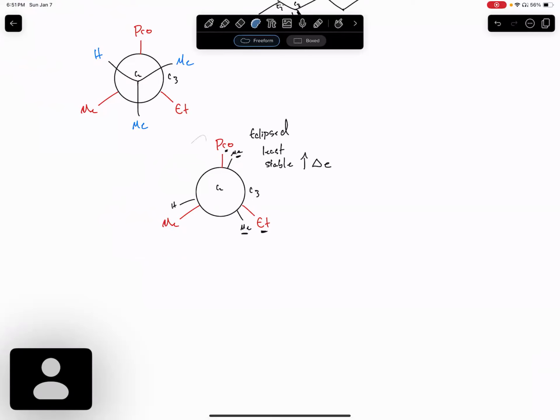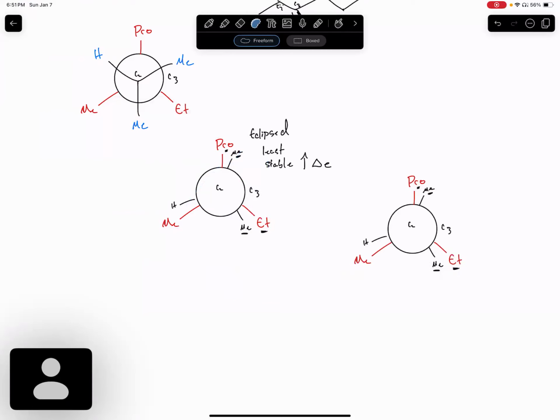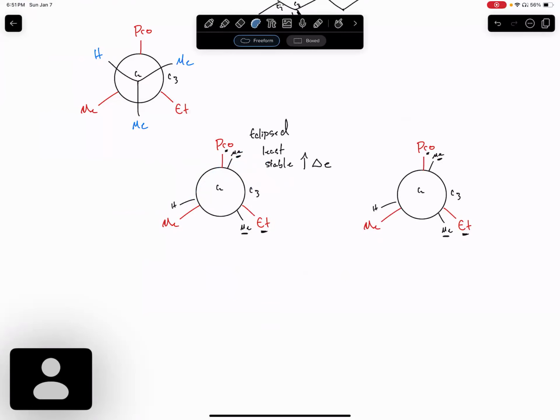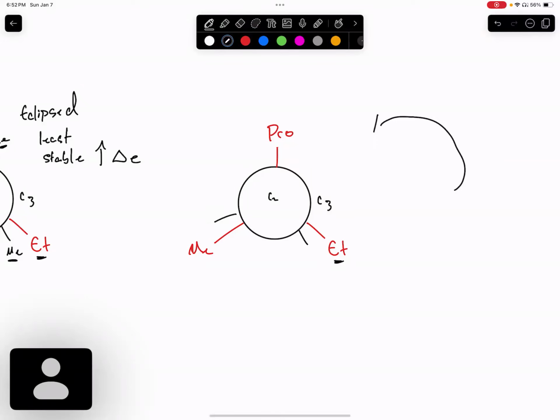So let's say, again, I'm copying this, and I'm going to do a more stable conformer. So let's say instead of doing it methyl-propyl, methyl-ethyl, now I just keep moving things around. Now if I kept turning this anticlockwise or counterclockwise, I would end up with something like this.